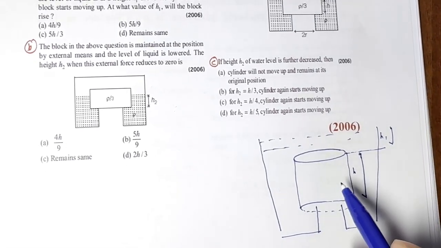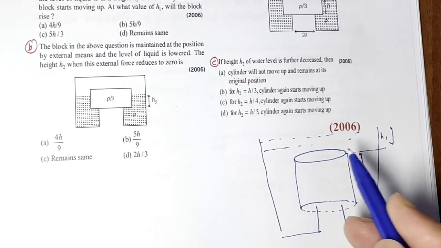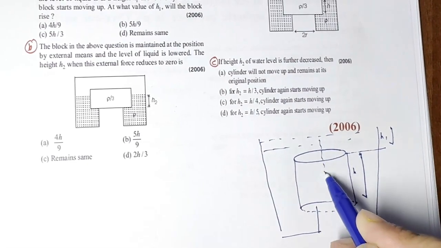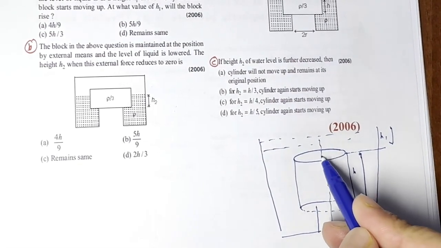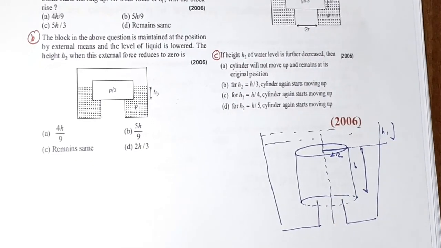The wooden cylinder has a diameter of 4r, so its radius will be 2r, and it is kept on a hole.